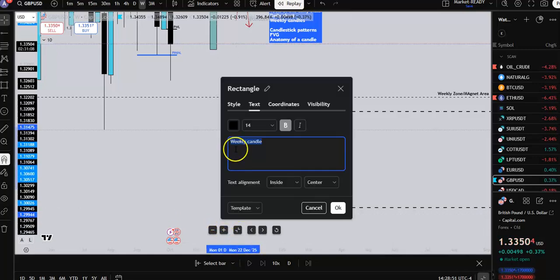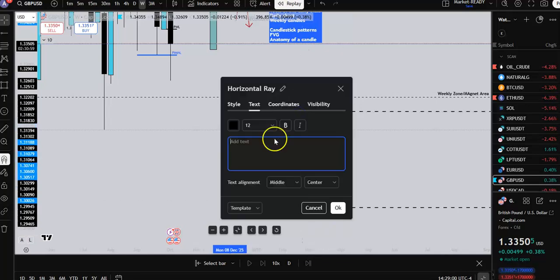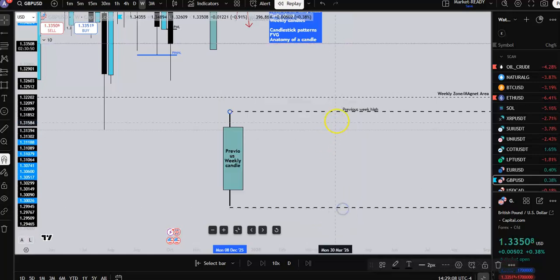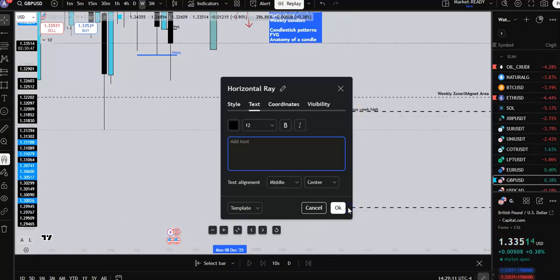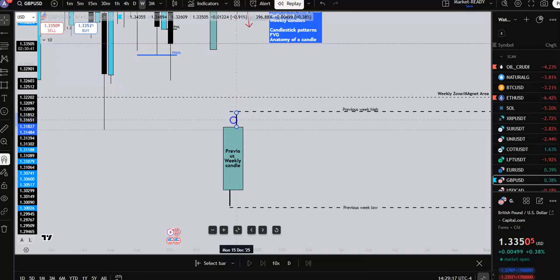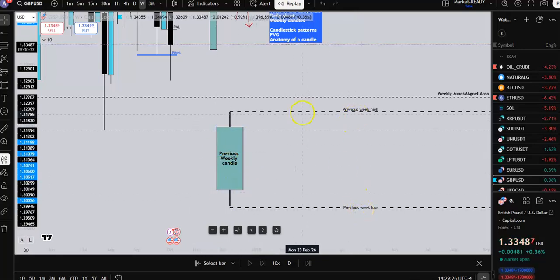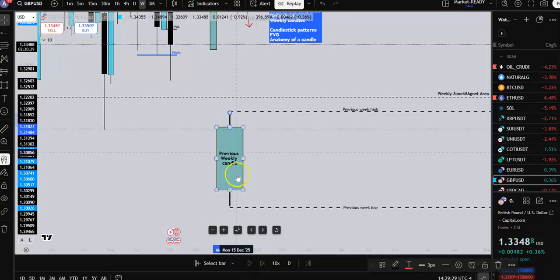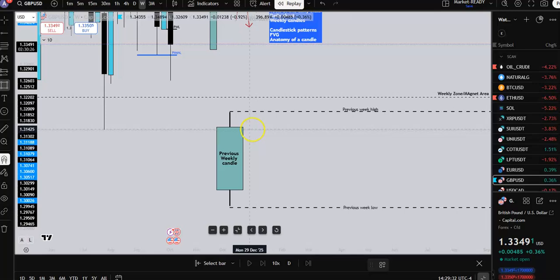So this will be the previous weekly candle, and this will be the previous week high, and this one is the previous week low. Previous week high, previous week low.